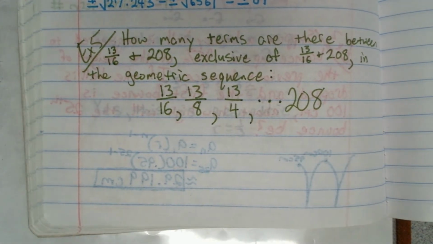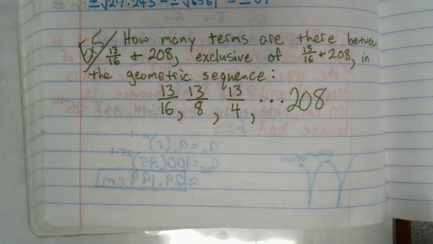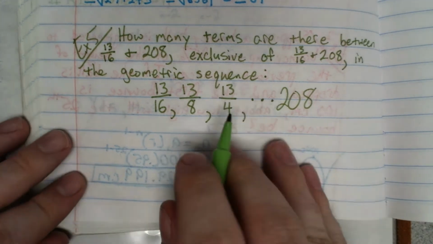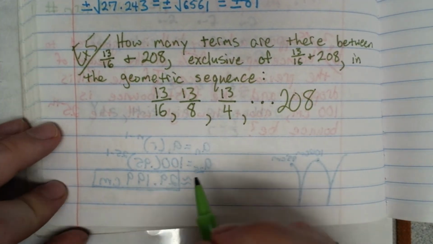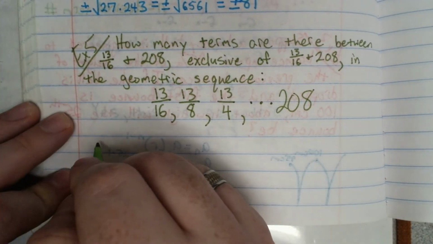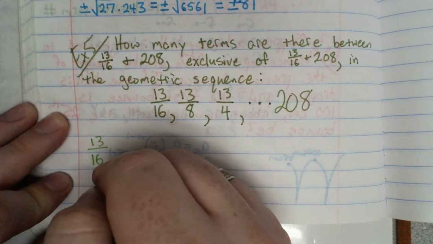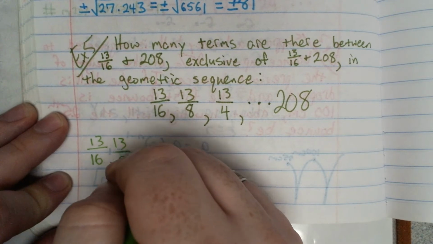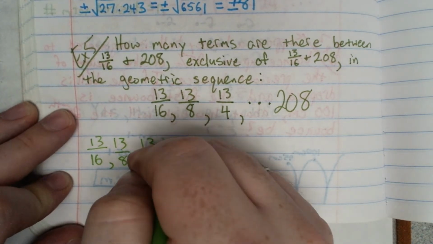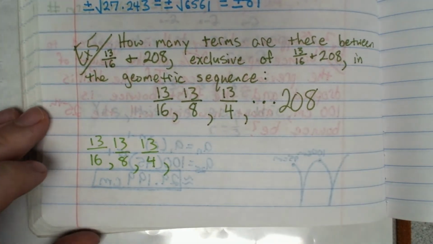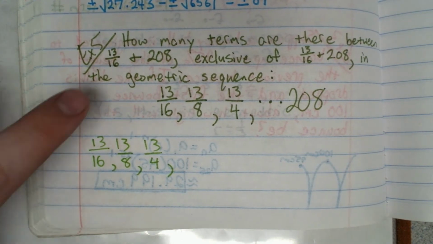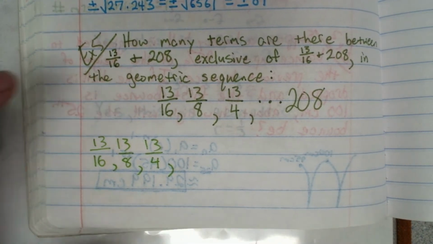What I would do here is try to list out all of the numbers in between. Of course, we know that we have 13 over 16 followed by 13 over 8 and 13 over 4. And then we want to keep this pattern going. Again, we know it's geometric, so we were multiplying by something.